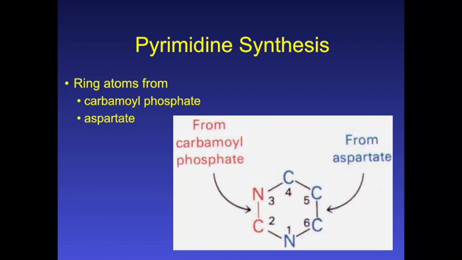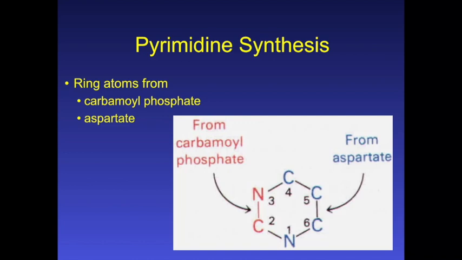Okay? The pyrimidine synthesis is a little bit easier in that there's only 2 things. Aspartate itself, so the amino acid, and carbamoyl phosphate. Carbamoyl phosphate was seen where? Which cycle? The urea cycle. Okay?